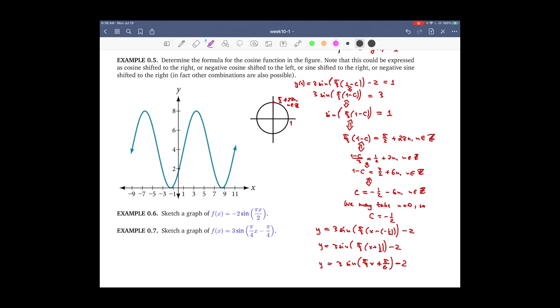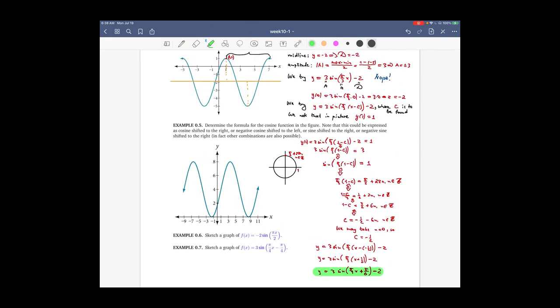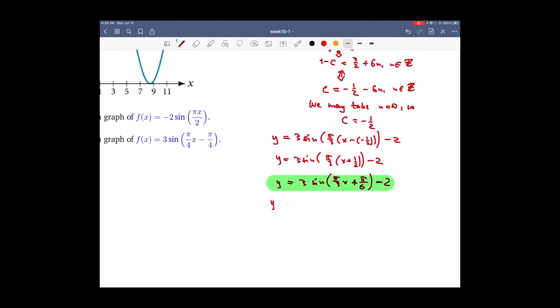And we can now check a few points on the graph, see if that's true. We can, for instance, check our point (1, 1), first of all. y at 1 is 3 sine(pi over 3 plus pi over 6) minus 2. Pi over 3 plus pi over 6, as we know, is pi over 2.